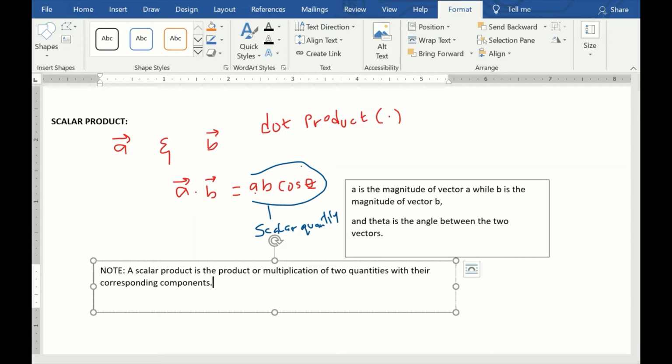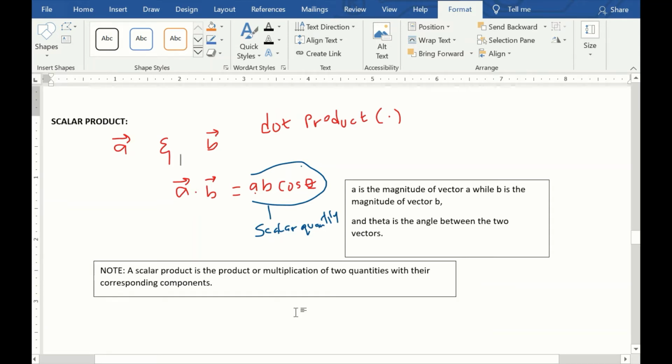So in the same way we added and subtracted vectors, the same way we multiply vectors. We multiply the x component, we multiply the y component, then if there is a k component or a z component, we multiply the z component. So that is how we multiply components. We have two methods of doing this, but I'll be showing us one method. It's very simple. You can check the textbook for the other method.